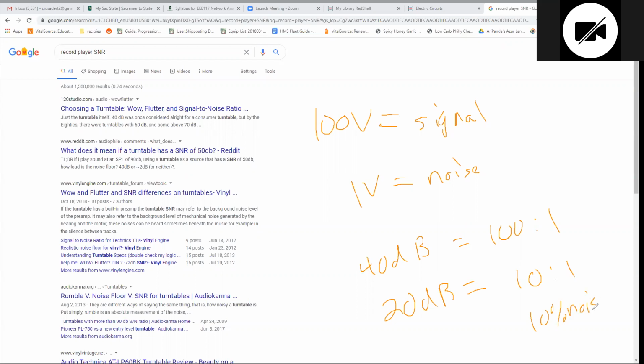So when you're hearing that scratchiness that people love, you say, I love the scratchiness of vinyl records, that's literally noise you're listening to. That's not the music. The reason it's noise is because you're using an analog needle on an analog piece of vinyl with little dips in it, so there are a lot of mechanical vibrations. Even at 40 dB, 1% noise is pretty bad.